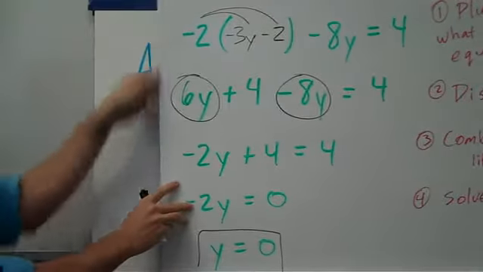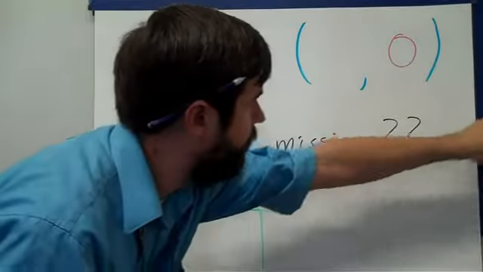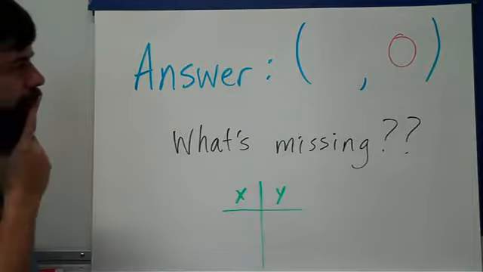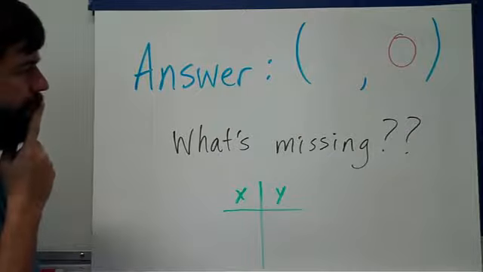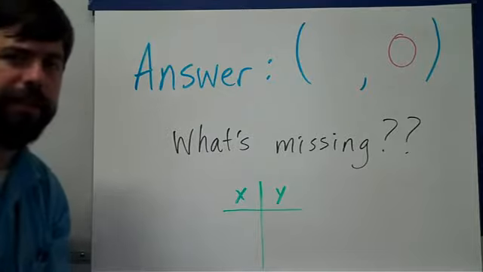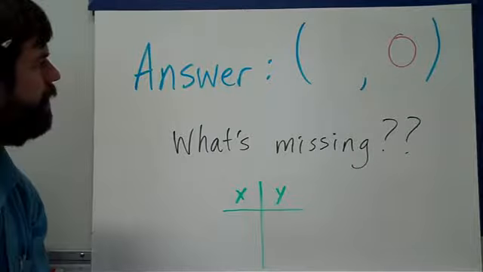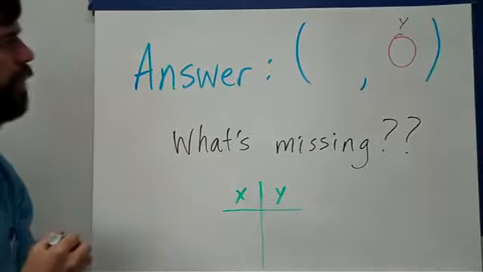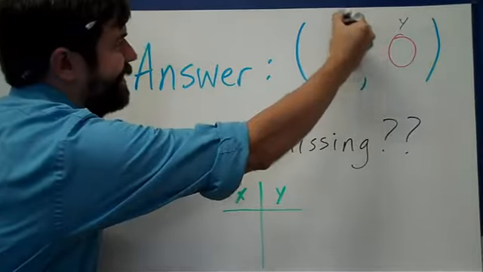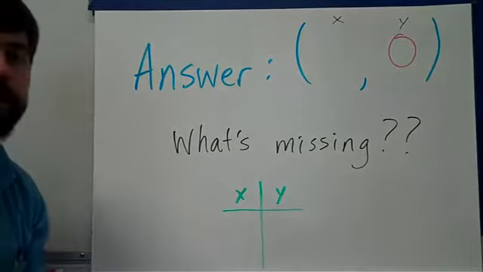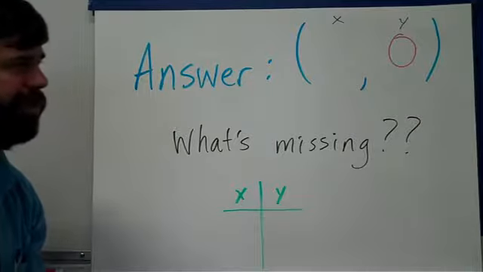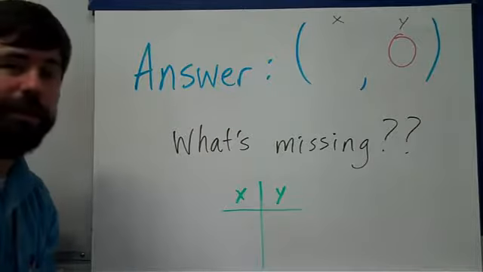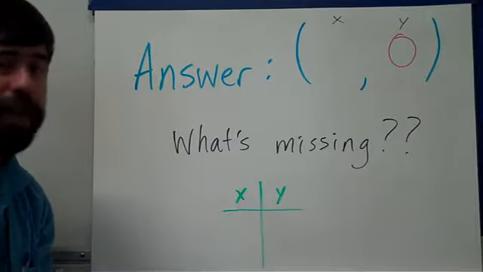Alright, so our answer is, wait a second. It looks like we're missing something. So what's missing there? Think about that. We know that y is equal to 0, but we still don't know what x is. Now, we said that x was negative 3y minus 2, but that's not going to be a point that we can look at on a graph, right?